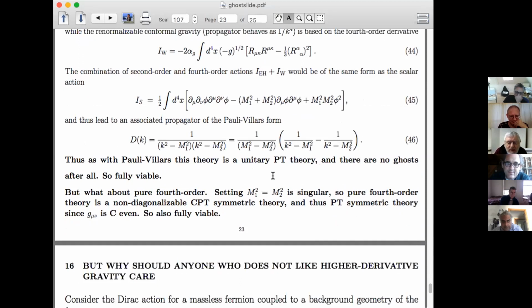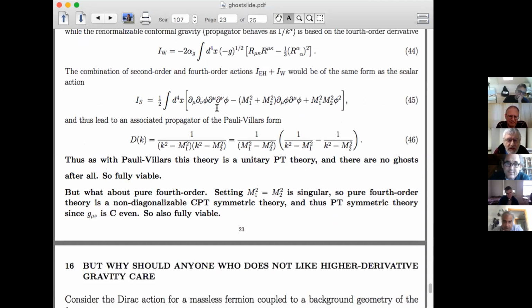So we now know this is the Pauli-Villars propagator. This is a PT theory, and the theory is unitary, and there are no ghosts after all. The theory is fully viable. You were just in the wrong Hilbert space of using the Dirac norm if you led yourself to think that this meant that there were states of negative norm.